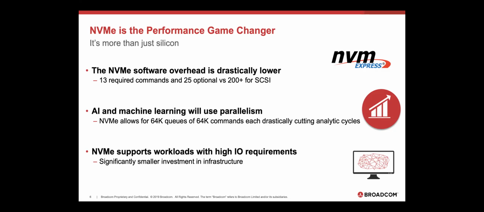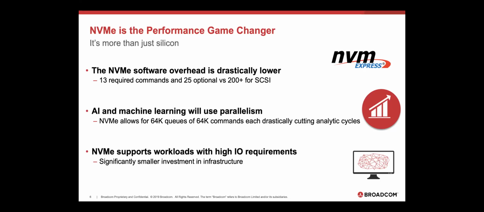And the next step that NVMe can take advantage of is obviously the defined standard around multi-queue. AJ mentioned it yesterday. The standards describe that you can use 64K queues with up to 64K commands for each queue.